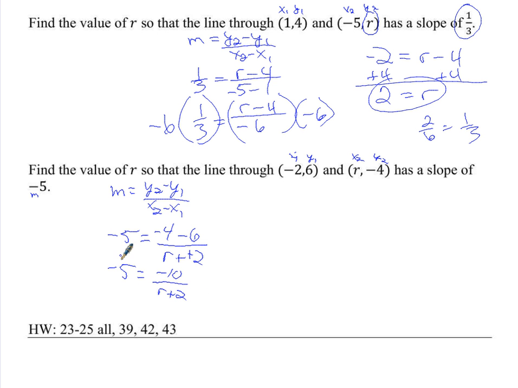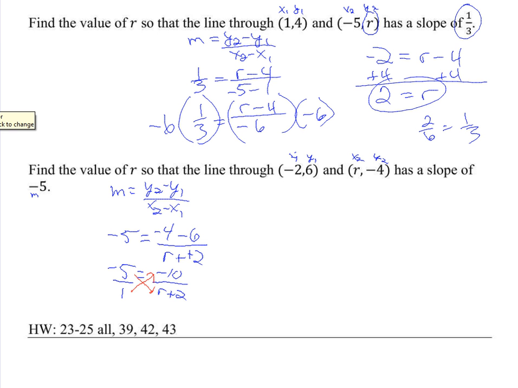What is this negative 5 here actually if I'm about to cross multiply? Yeah, negative 5. We'll put that over 1, and that'll make it easier for me to cross multiply. I have to cross multiply here because of the fact that that r is in the denominator. I can't sneak out of it like I did up here. So we're going to cross multiply. We'll go 1 times negative 10 and negative 5 times r plus 2.